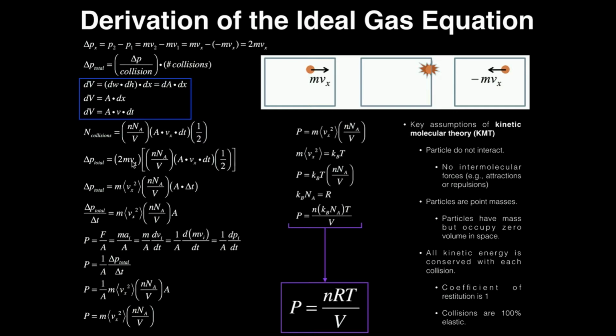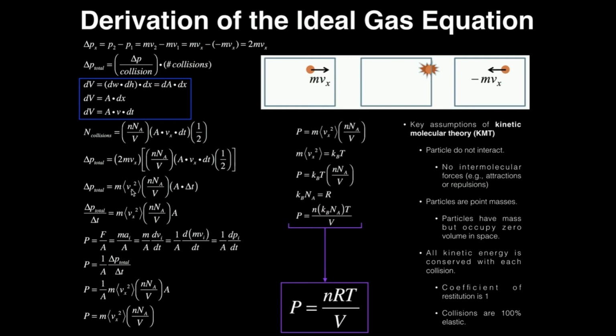Also notice we've got this velocity right here, and we've got another velocity right here. So what I'm going to do is throw these in together and make this the root mean square of the velocity. Okay? So when you see these little weird brackets, usually around a term that's squared, that means it's the root mean square of that particular variable.